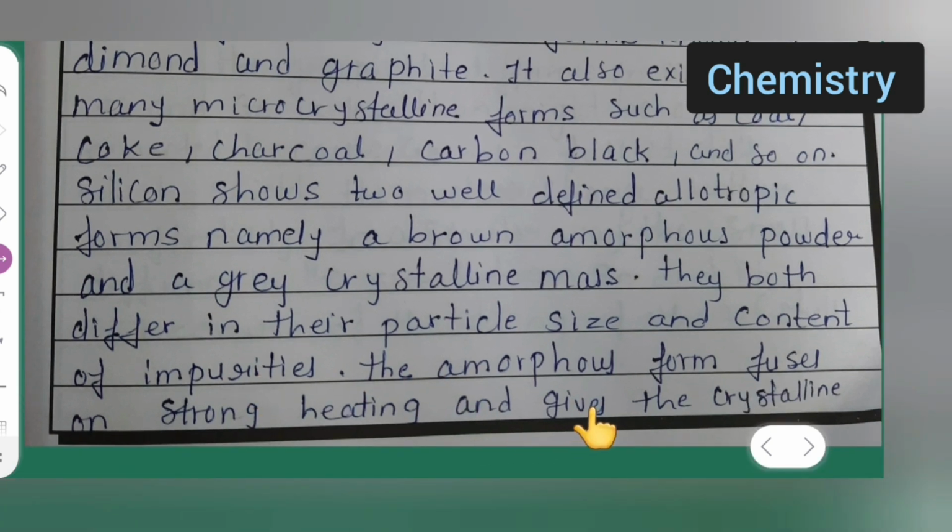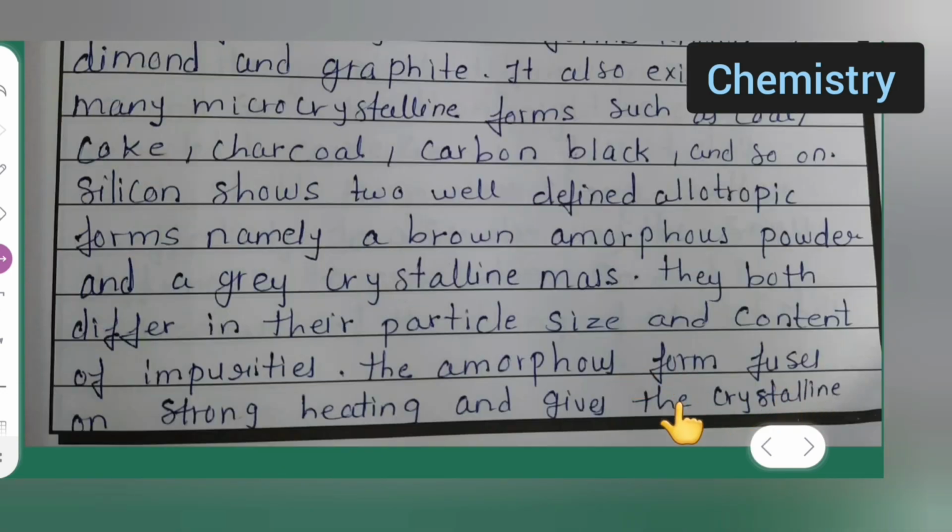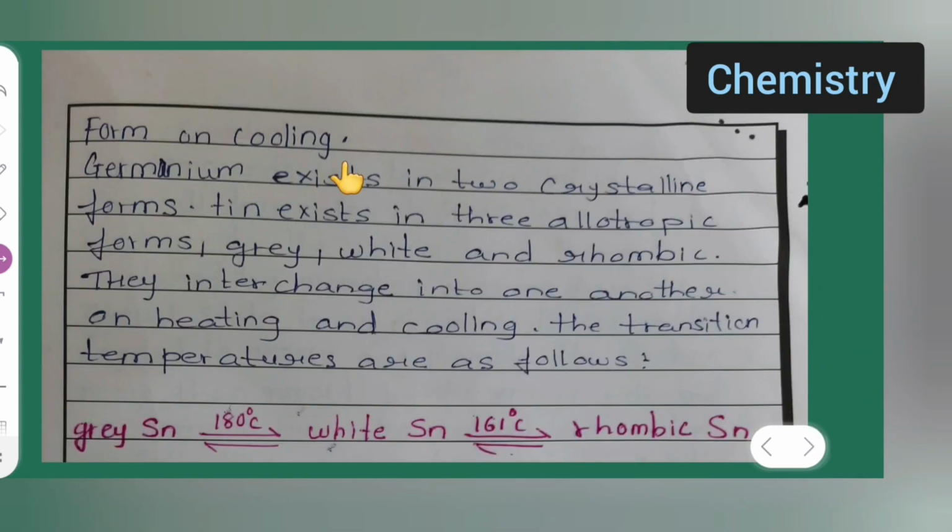The amorphous form fuses on strong heating and gives the crystalline form on cooling. Okay, so continuation of this is on the next page. Germanium exists in two crystalline forms.